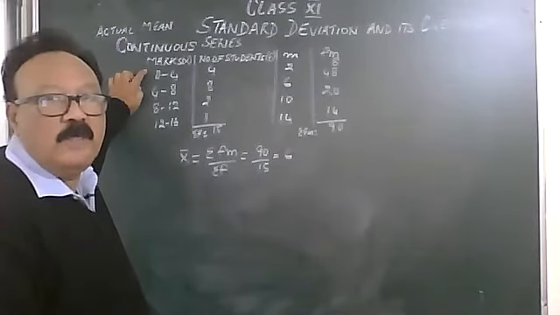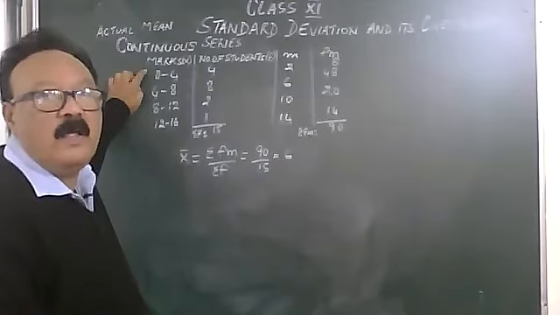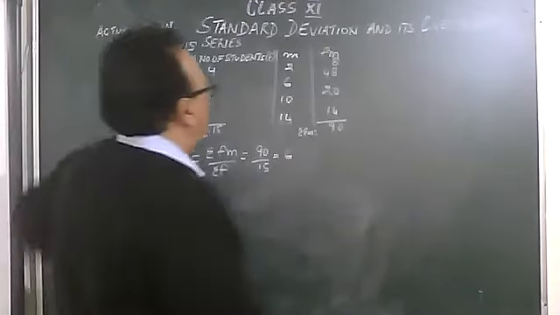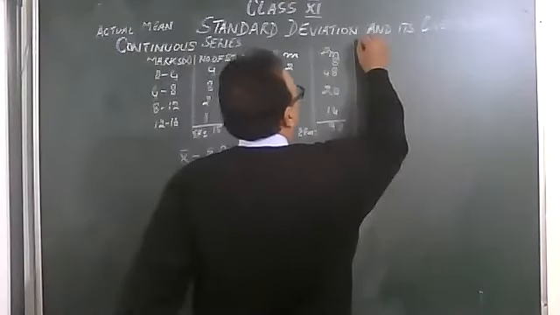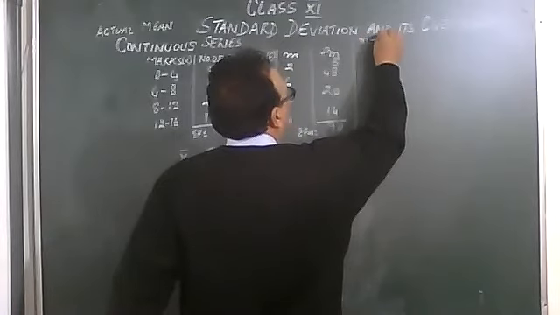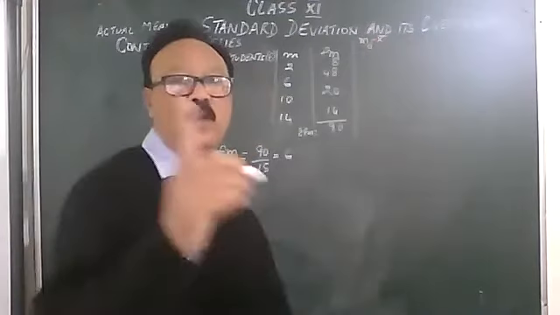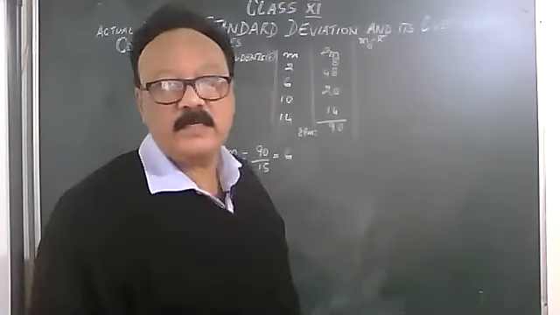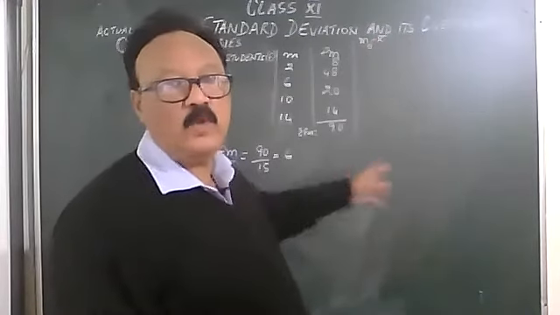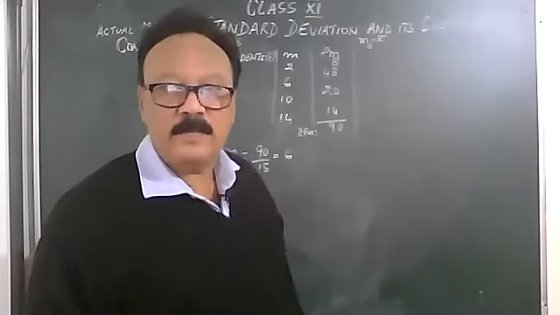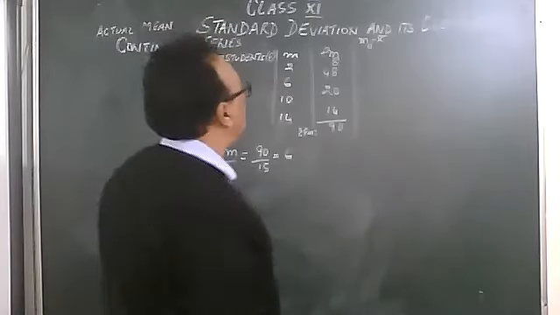So here the deviation is calculated from the midpoint. So the next step will be m minus mean. If you want to name it d, you can call it d. If you want to call the deviation small x, you can call it x. It doesn't matter. The only thing is you have to change it in your formula. So there should be no confusion there.